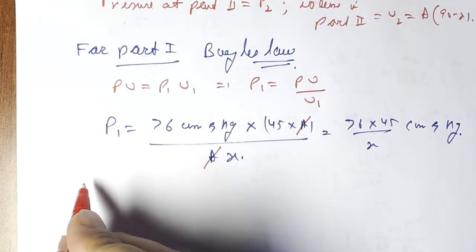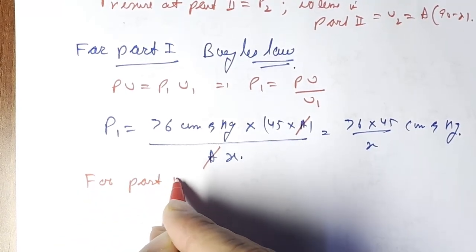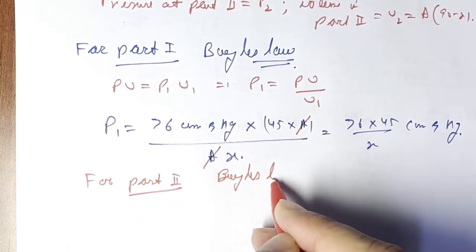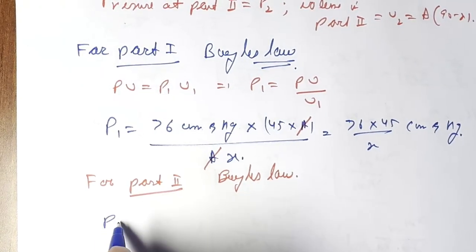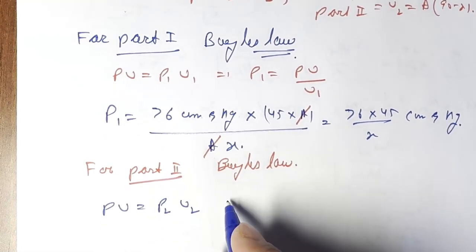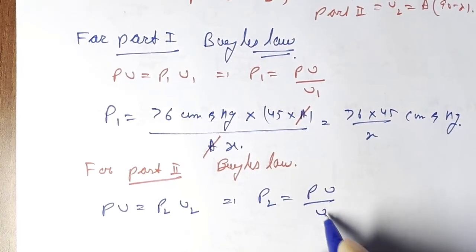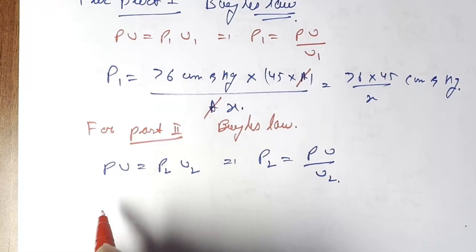Now we are going to use Boyle's law for part 2. Once again, PV is equal to P2 multiplied by V2. So from here, P2 is equal to PV divided by V2. We substitute the respective values.